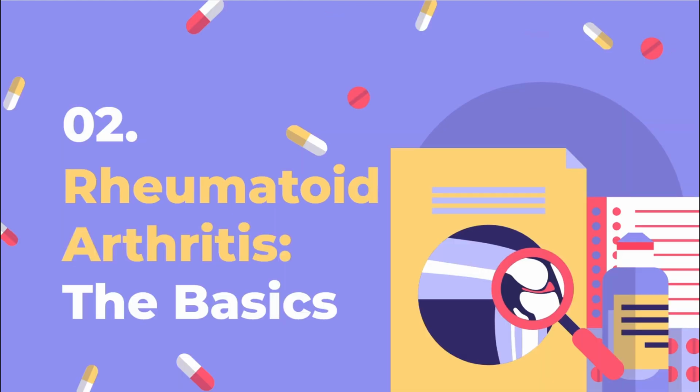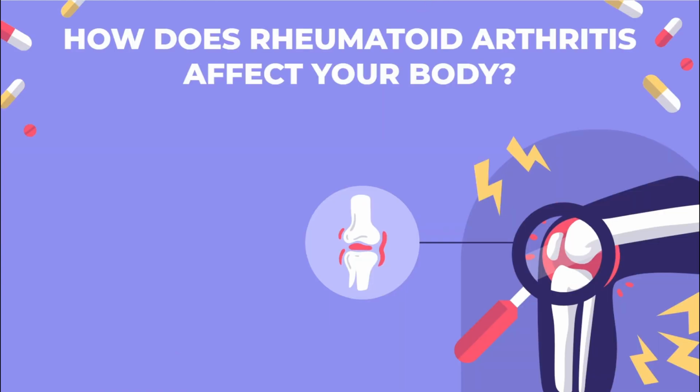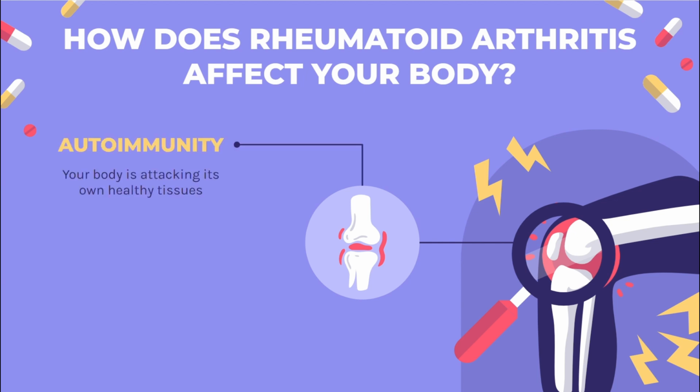So, you might be asking yourself, what is rheumatoid arthritis? To put it simply, rheumatoid arthritis is an autoimmune disease that mainly impacts your joints. So how exactly does rheumatoid arthritis affect your body? Well, with autoimmune diseases like rheumatoid arthritis, your body mistakenly attacks itself and destroys healthy tissues.